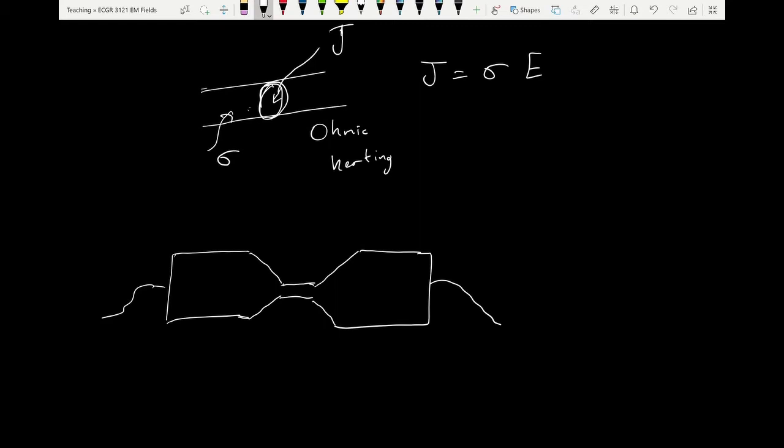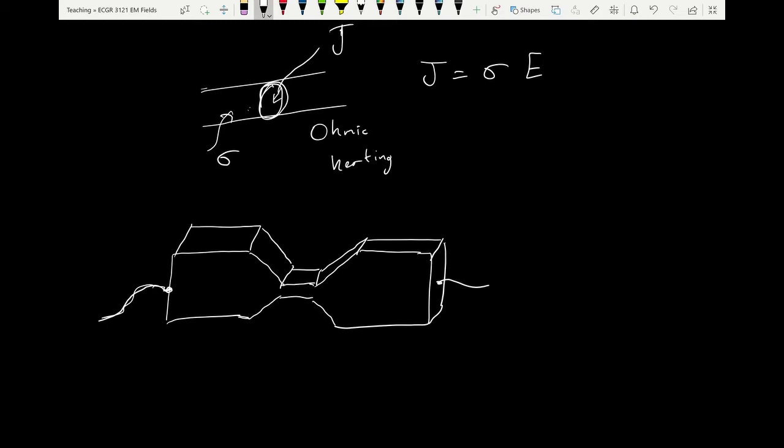So let me do this in 3D, something like this, and the connections to the circuit are here. This is how you build a fuse.